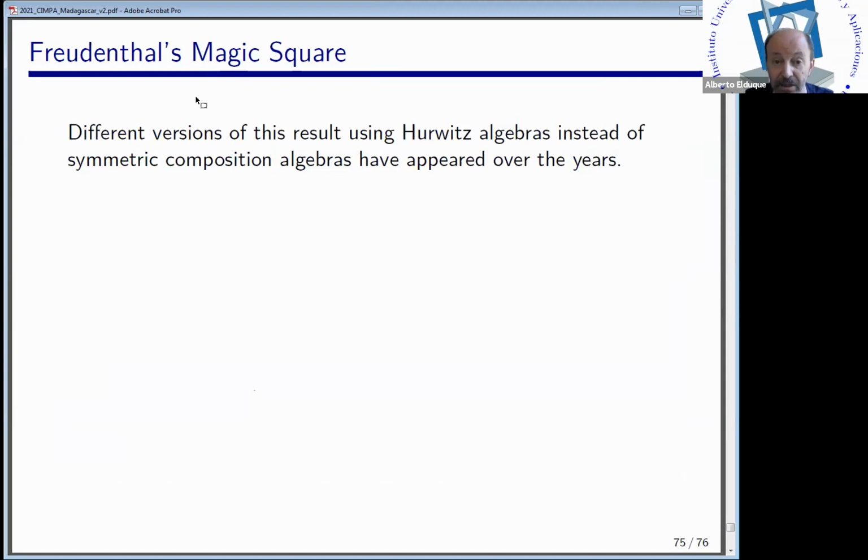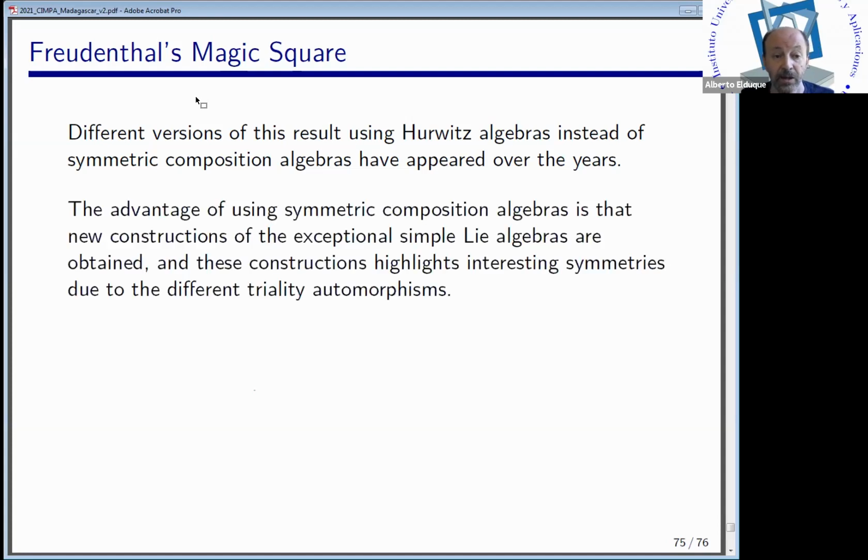The other interesting thing is that there are two types of triality, and depending on which symmetric composition algebra you use, whether para-Hurwitz or Okubo algebras, it's easier to deal with the corresponding type of triality or homomorphism. Okay, so the formulas that one gets are simpler using symmetric composition algebras.